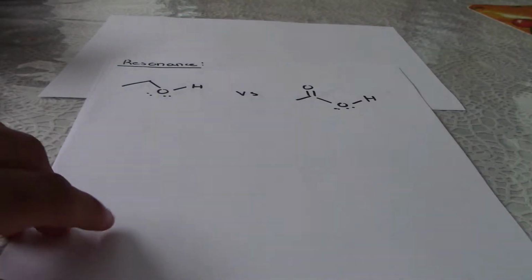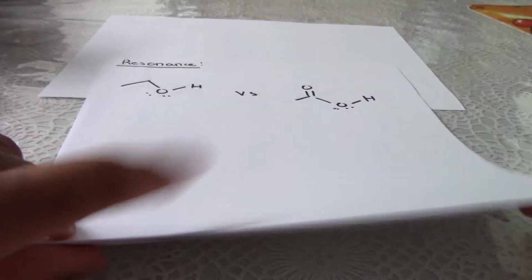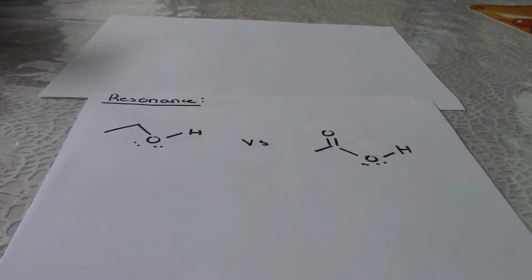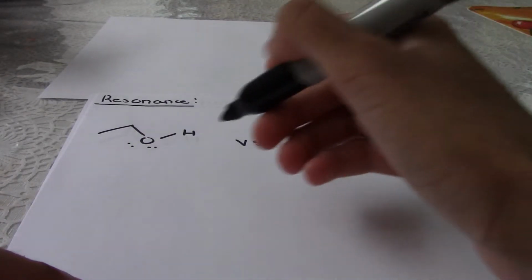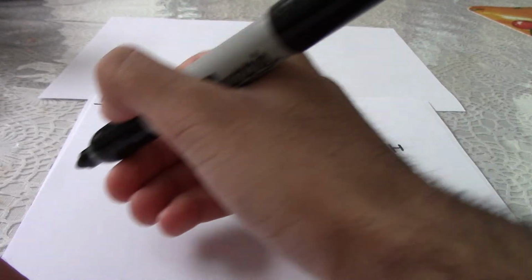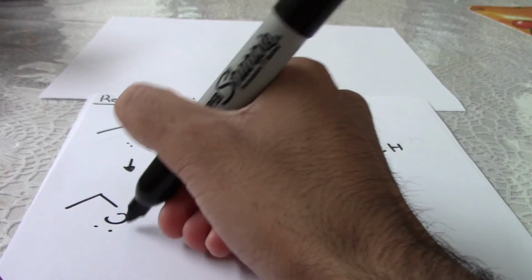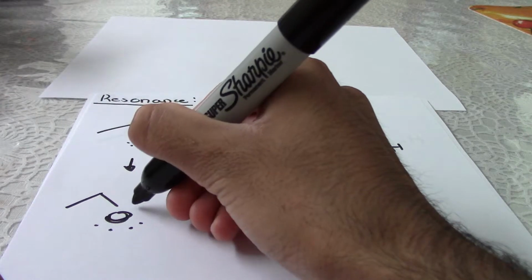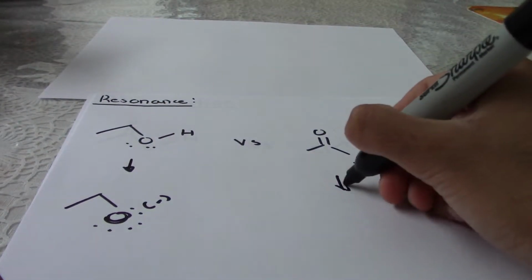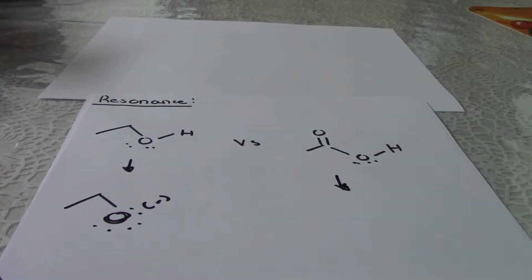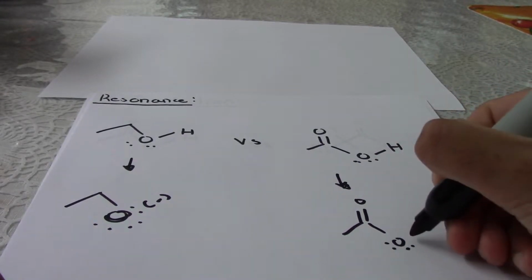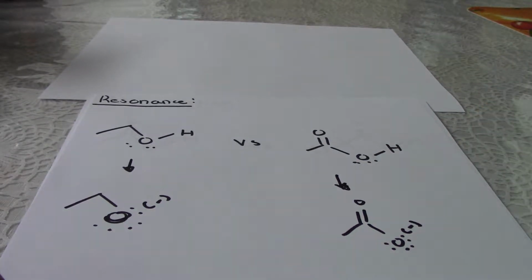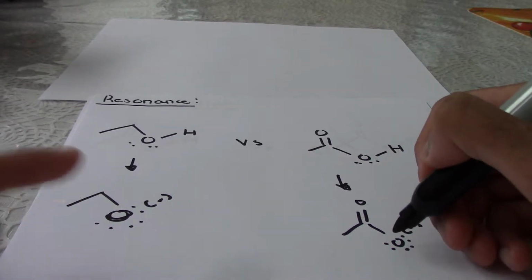Now we're going to move on to our second factor, which is resonance. All it says here is, if there's resonance in one of these structures, then that one's more acidic. So if I first deprotonate, which is always my first step, I get this. And if I deprotonate over here, what I get is this. But as you can recall, this structure has resonance, but this doesn't.